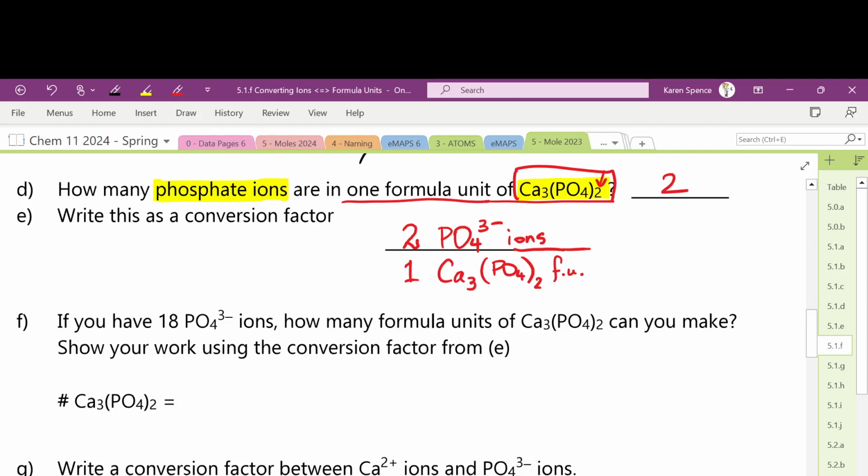And then how many formulas in this, what's the ratio between PO4s? And usually you say one of the whole thing. One of these, one of the whole thing.